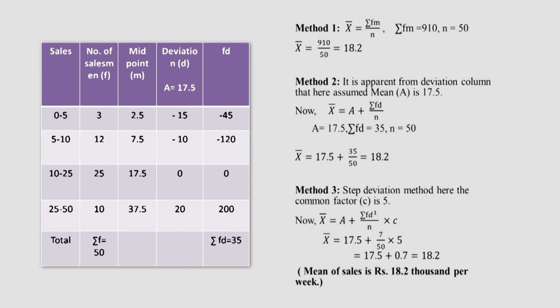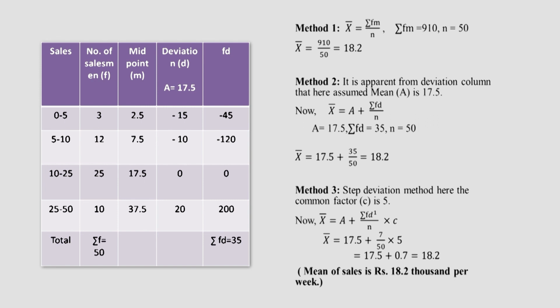You have calculated the mid values 2.5, 7.5, 17.5 and 37.5. Now you have to find out the deviation of this mid value from the assumed mean. So mid value minus assumed mean, in the first instance, would be 2.5 minus 17.5, and the answer is minus 15.